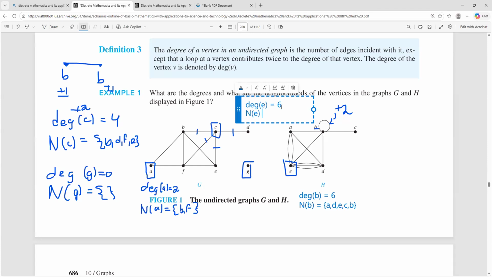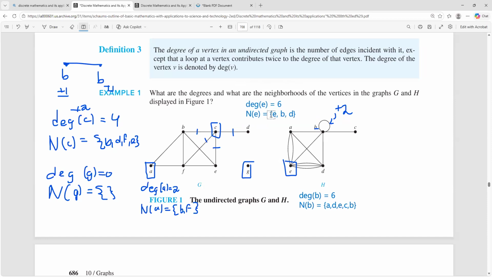Remember, it's a set, you do not repeat. So we got A, B, D. Only three nodes.